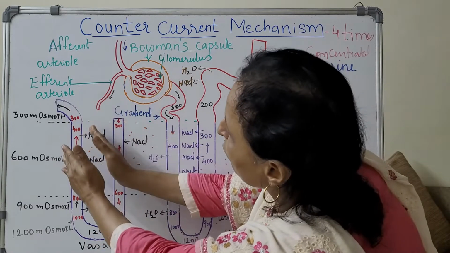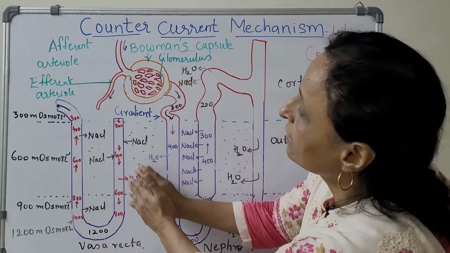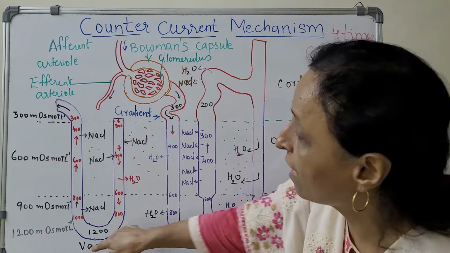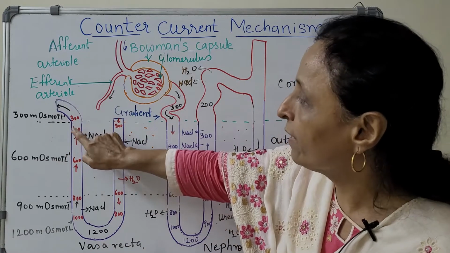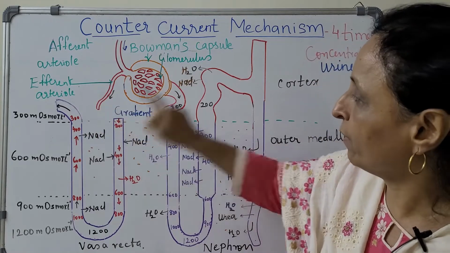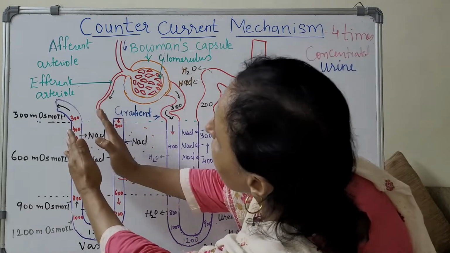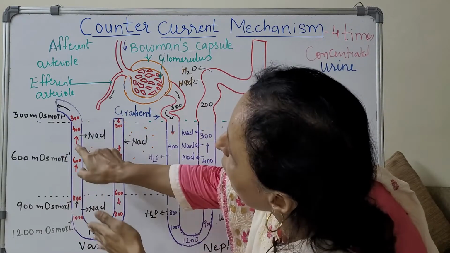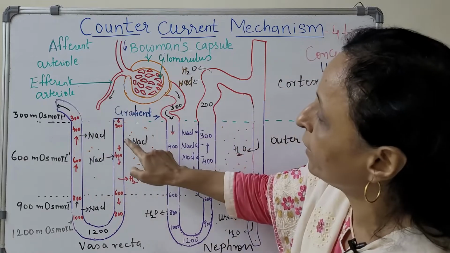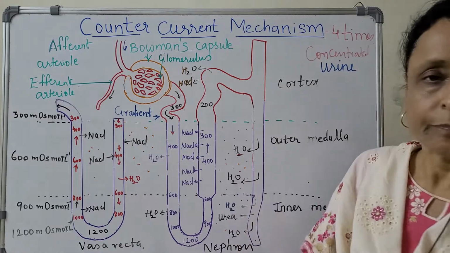Ascending will give to the descending. Now this descending will give to the ascending of vasa recta. So from here it will go here, and from here it will go here. The ascending limb will go to the descending vasa recta. The descending vasa recta will go inside here, then it will give to the ascending vasa recta.